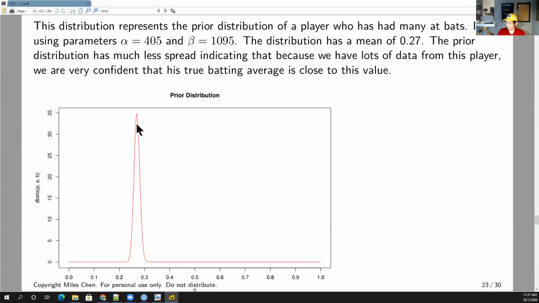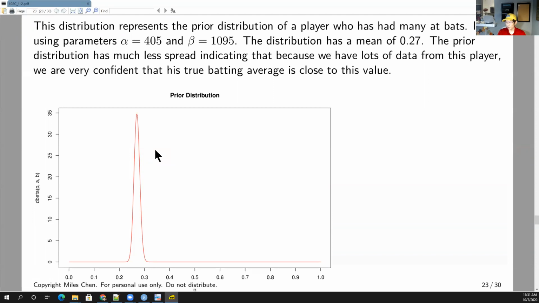Both priors are centered at 0.27, but this one has different shape parameters so that it's less spread and more pointy, indicating that we're more confident that this player's true batting average is a lot closer to 0.27. It's certainly not 0.33. It's certainly not 0.22 or something like that. It's very close to 0.27. So we're quite confident. This could be a player who's been established in the league.